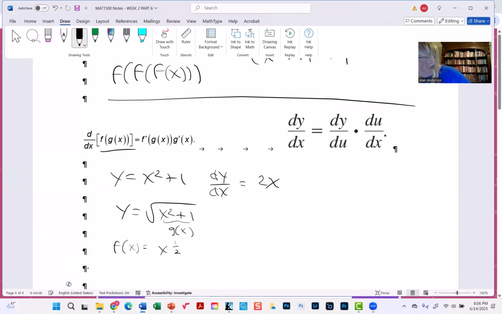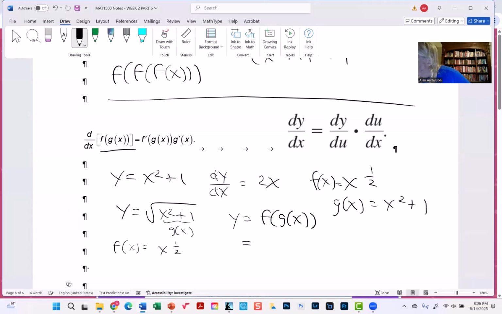So in other words, f of x is x to the 1/2 power, or the square root, and g of x is x squared plus 1, then f of g of x means we substitute g of x wherever there's an x in our f of x.